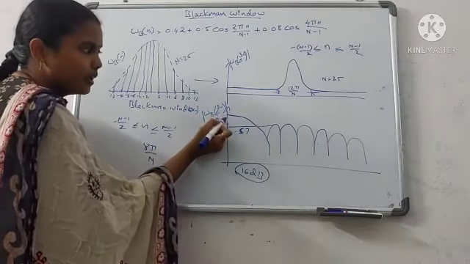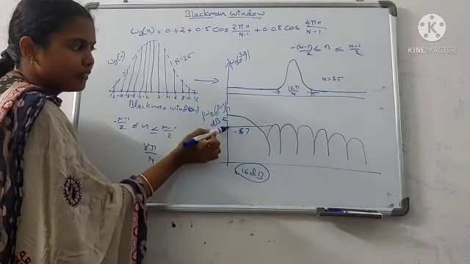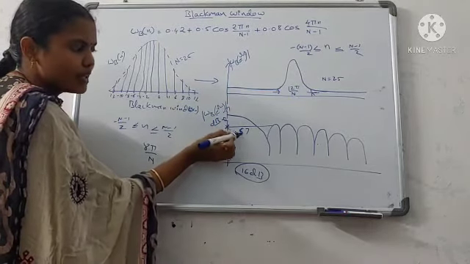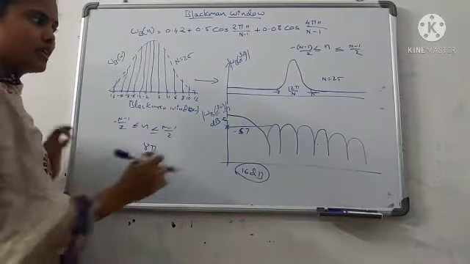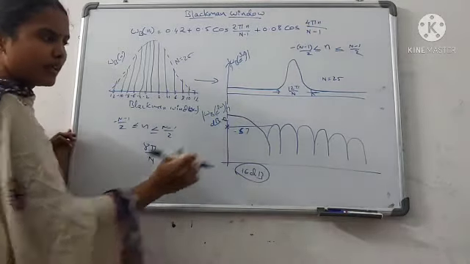The peak side lobe level is down to minus 57 dB. This is the magnitude response in decibels.